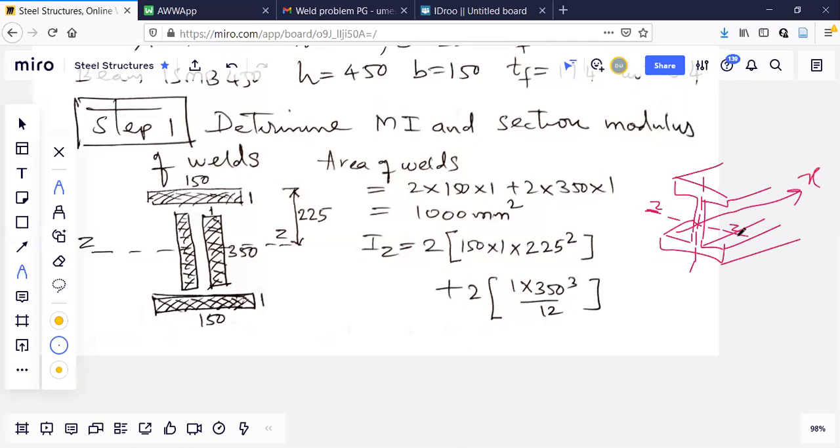So now Iz: you can see how you are going to find the moment of inertia of these four rectangles about the Z axis, which is here. This is the Z axis, and this height is exactly 450.